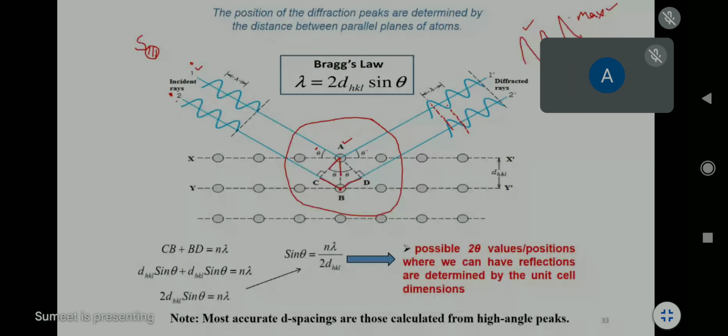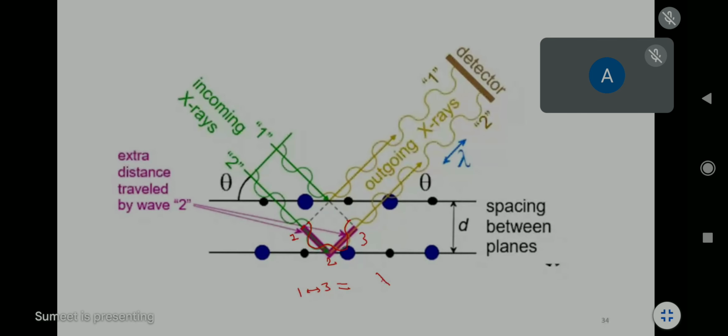If you have to measure this distance, you can just add the wavelengths, because these are the rays which are going from these points. So if you add these wavelengths lambda, then you will get this distance.